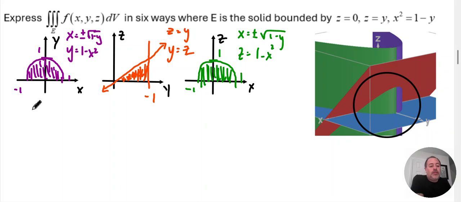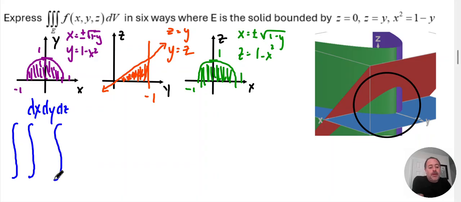So the first thing we're going to do is set the integral up in terms of x, y, and z. You will see that when we do this for the 6 orders, we're really going to do the same kind of thing. It's the same process. So the first thing I'm going to do is write down that dx is first. I'm giving you two equations here, right? x is equal to the positive and negative square root of 1 minus y.